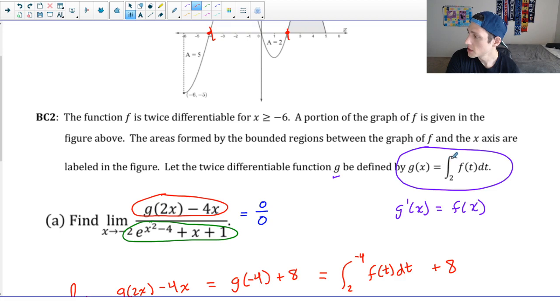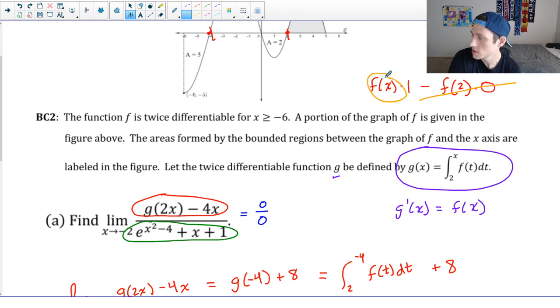If we take the derivative of an integral, we do the function times the derivative of the upper bound, so that's times 1, minus the function plugged in at the lower bound times the derivative of the lower bound, but the derivative of 2 is 0. So all this is garbage because it's just 0 times 1. We don't need to write times 1, so it's basically just f of x.